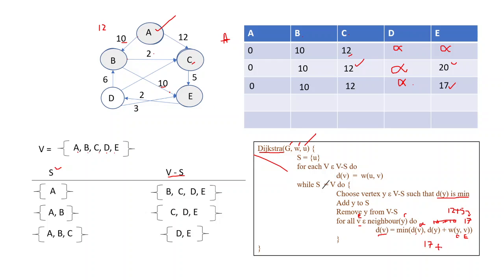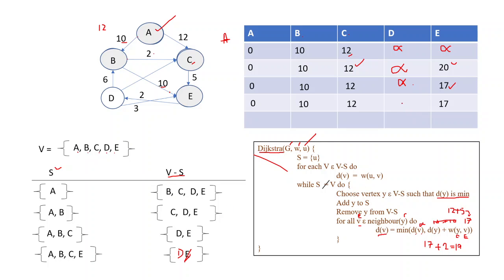So 17 plus 2 equals 19. And the rest will remain the same. Sorry, there is a mistake. This should be D. Okay.